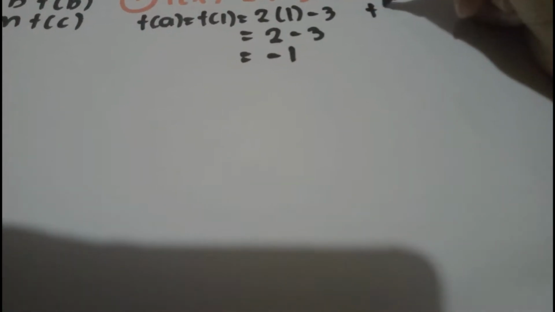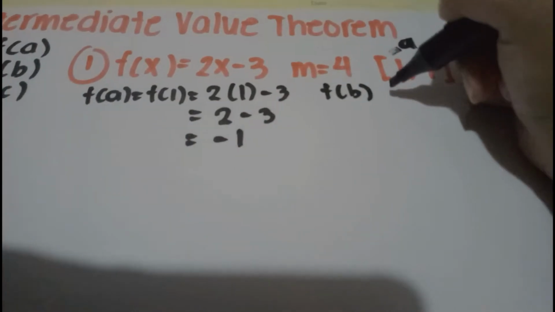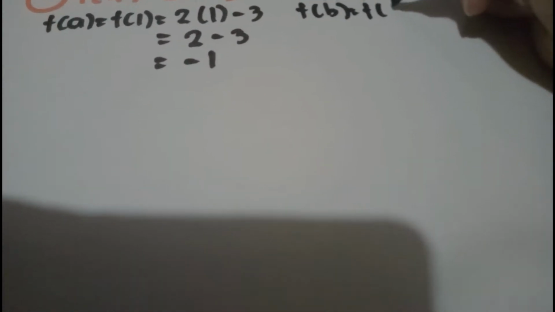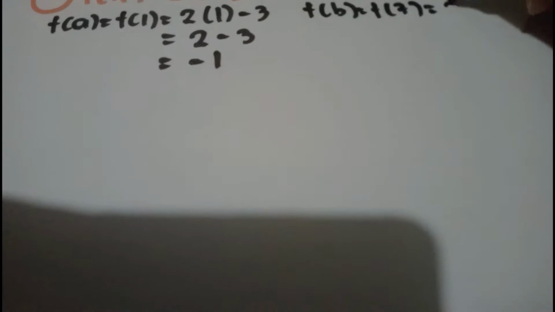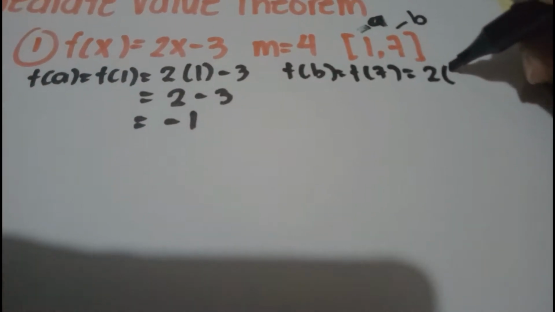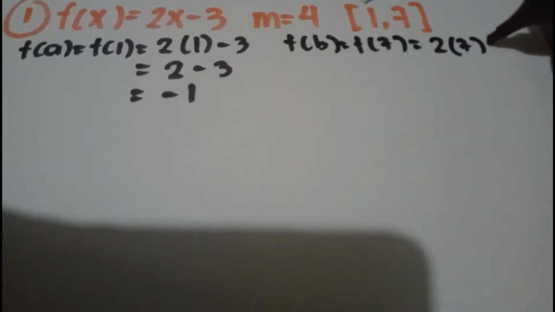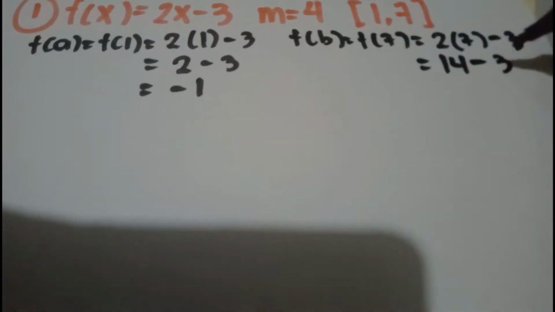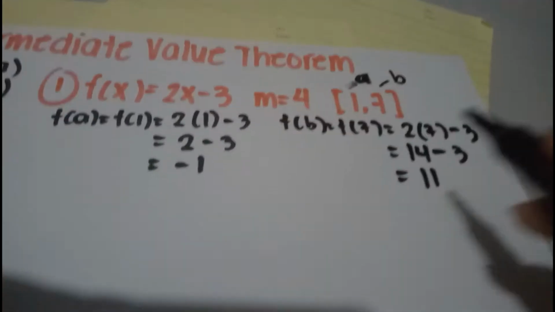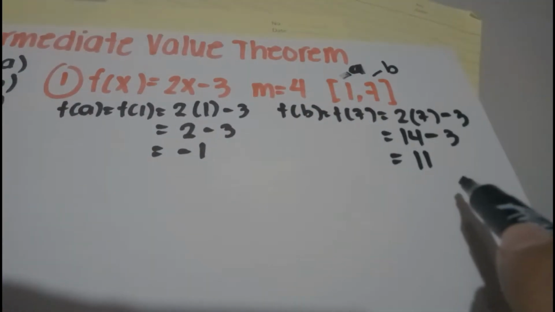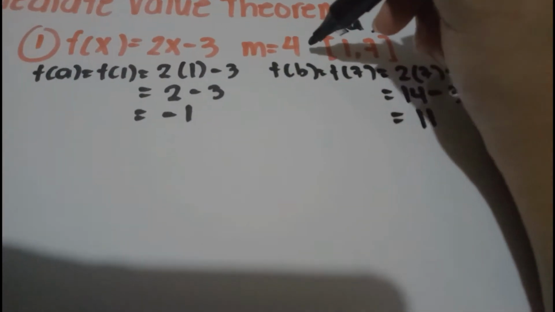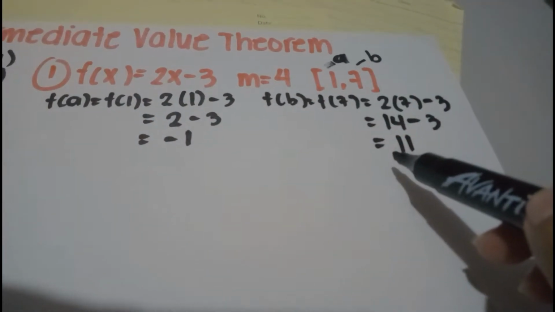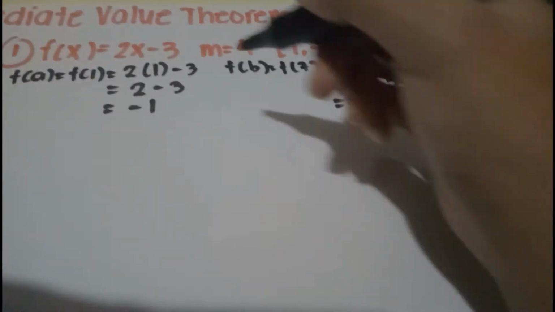While f of b is equal to f of 7. Replace x by 7: 14 minus 3 is equal to 11. After getting f of a and f of b, you will see m, 4, is between negative 1 and 11.